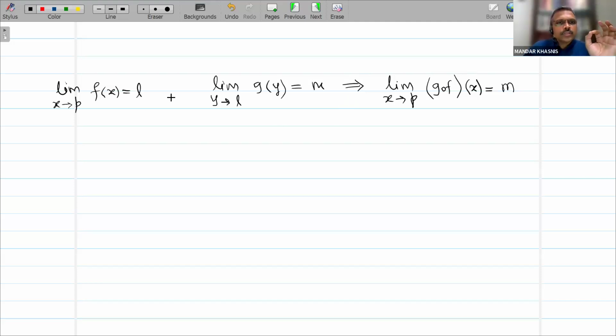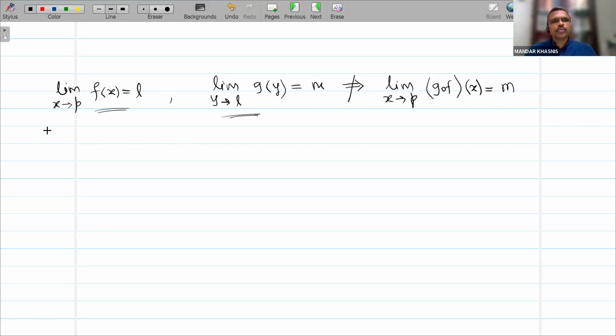Although this facility is available for continuous functions, that when f and g are continuous, g of f is continuous, in general this is not true. You can't say simply by having these two limits that the limit of g of f is m. It is m when g is continuous at L. Otherwise, it need not be.